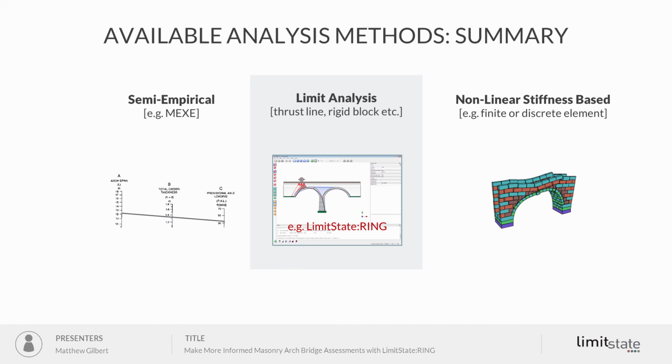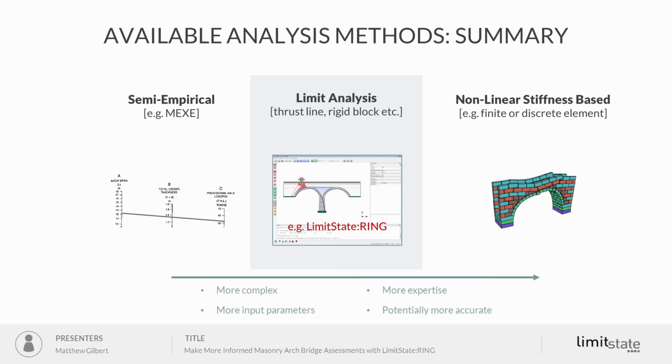And then at the other end of the spectrum we've got finite elements or discrete elements. So we sit in the middle. LimitState RING is a limit analysis method, and we can simultaneously look at the line of thrust, but also the mechanism of failure, as we'll see.